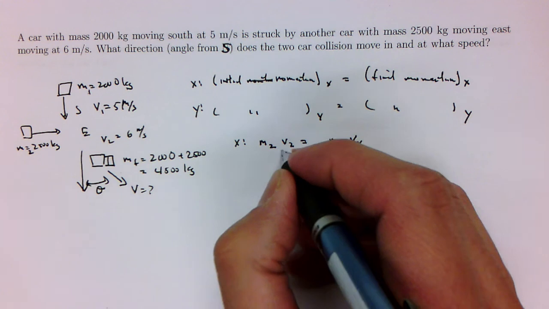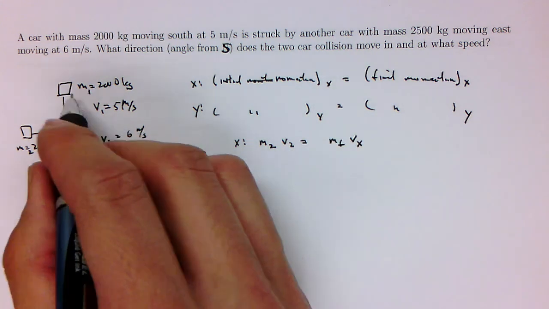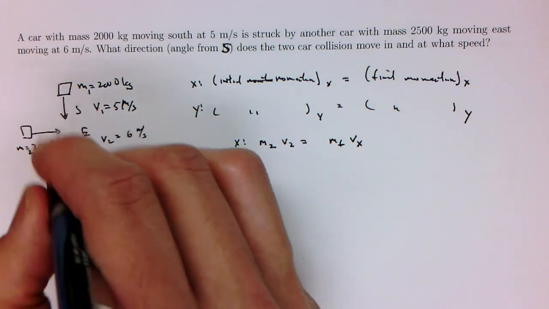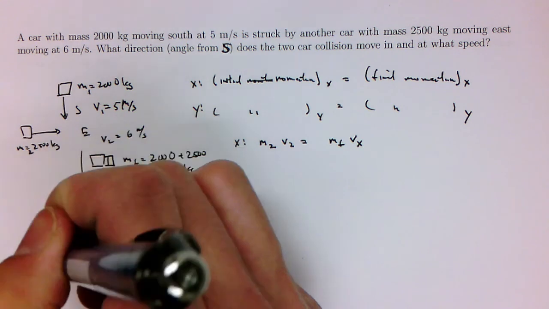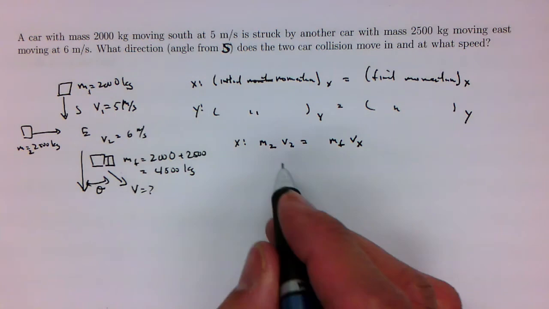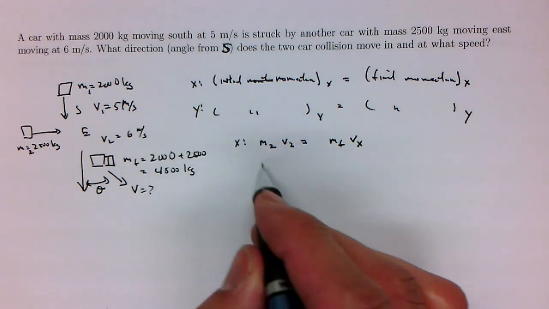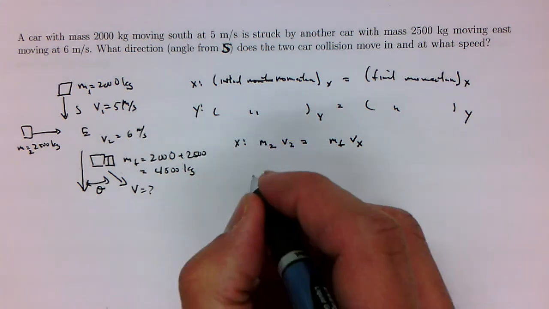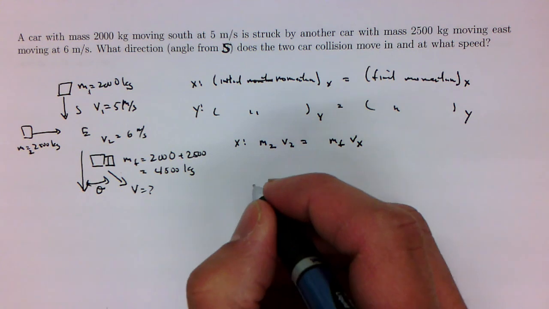Now I don't have anything for m1 because m1 is moving straight up and down in the south, so it just moves along the y-axis, whereas m2 moves along the x-axis. Therefore m1 does not play a role in the x component. Anyway, this is actually enough to figure this all out.